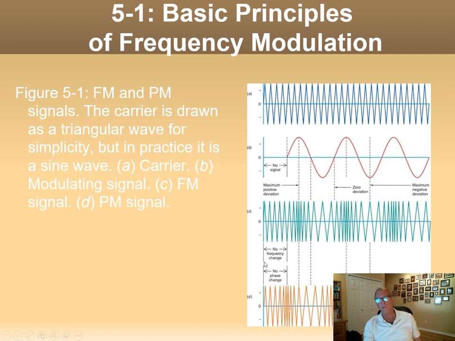That's one good thing about this diagram: if you look at both of them, they look the same. A phase lock loop receiver receiving this waveform, which is FM, versus this waveform, which is PM, doesn't know the difference between the two. In fact, you can't tell the difference unless they're right next to each other, and you see that there's literally just a slight phase shift for the PM.